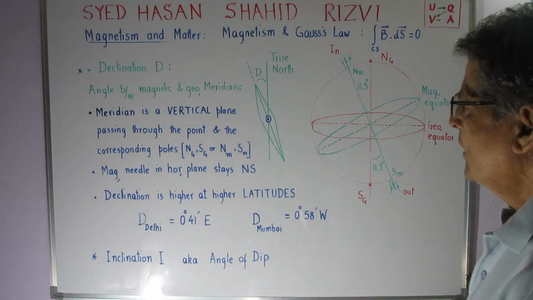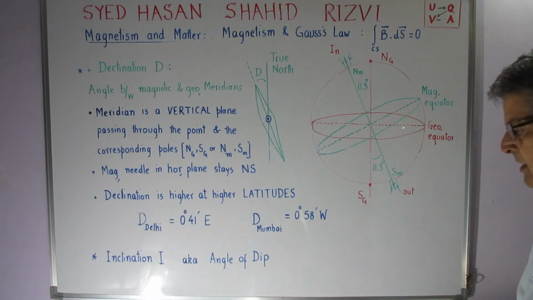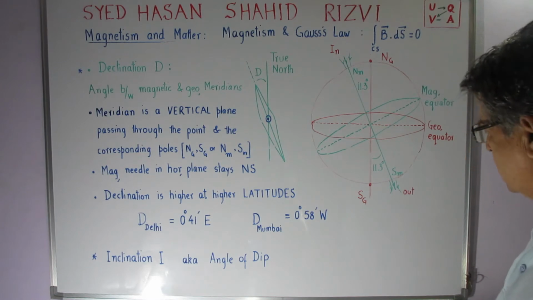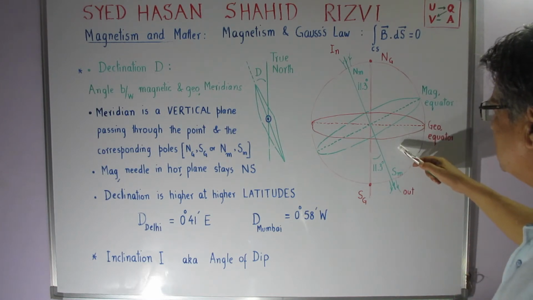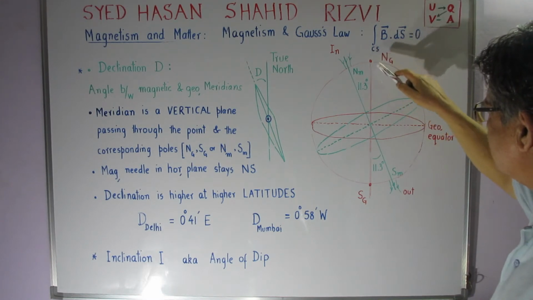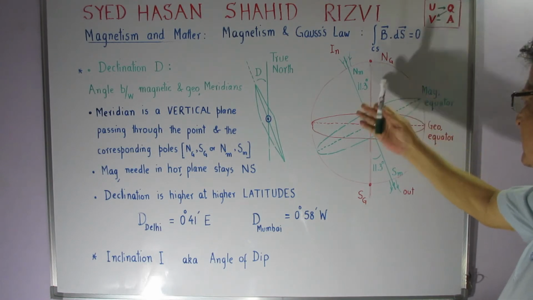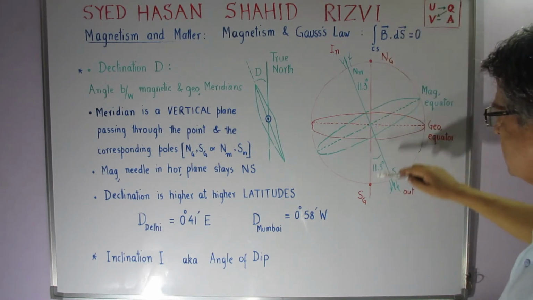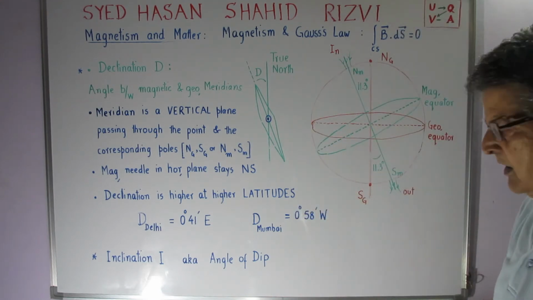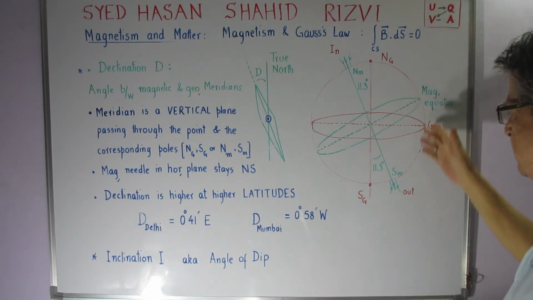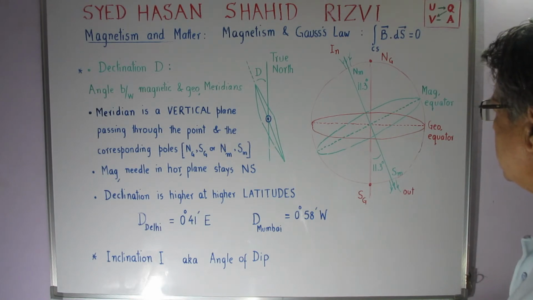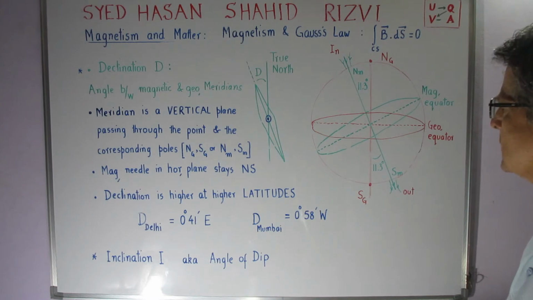Now what is a meridian? For example, I'm in Aligarh right now. If Aligarh is situated here in the northern hemisphere, then if I have a line which passes through the north pole, the south pole and the point under consideration on the round surface of the Earth, we can cut through it, just like we cut a melon or a watermelon through its center.